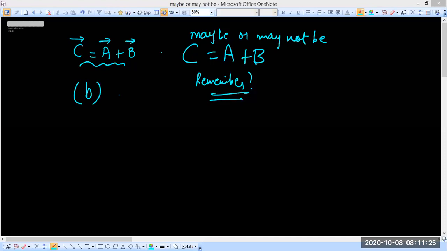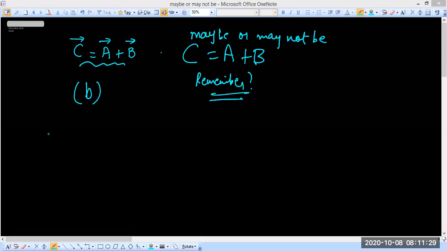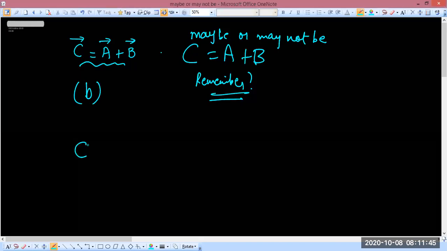Okay, so B is the correct answer because it is possible that the magnitude of C is less than the magnitude of A.